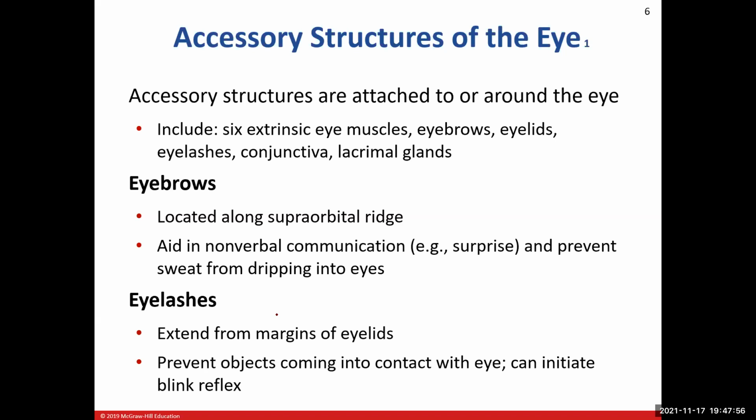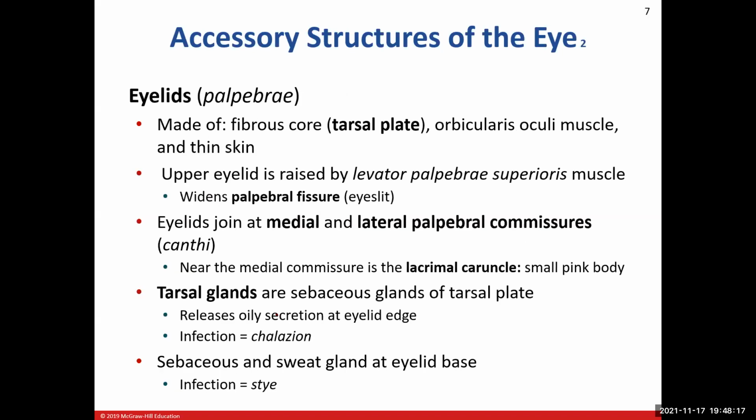But one of the tactile receptors we'll see around the follicles there, the hair root plexuses, are located along the eyelashes. So when something brushes your eyelash, you immediately blink. And again, that blink reflex prevents things from getting into your eyes.